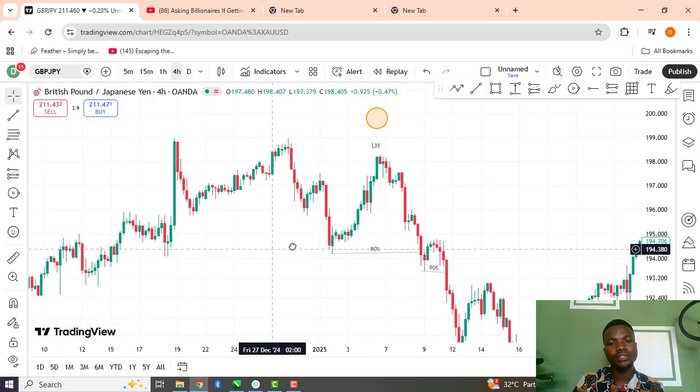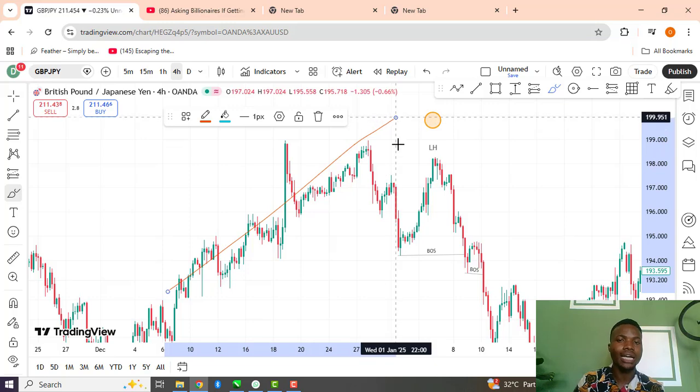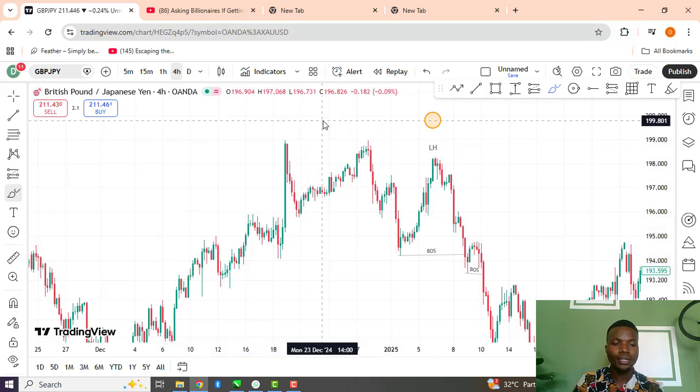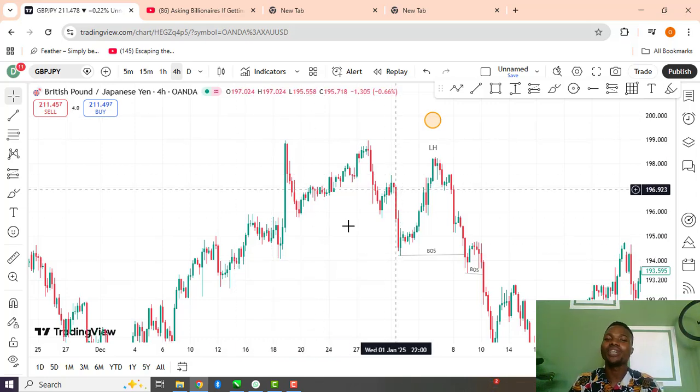One thing you need to understand is that price will not keep going in an uptrend forever, because price actually respects the law of gravity, more like my mentor usually says that price respects gravity. Whatever goes up must definitely come down. So price actually respects this concept, and this is what I want to explain to you.